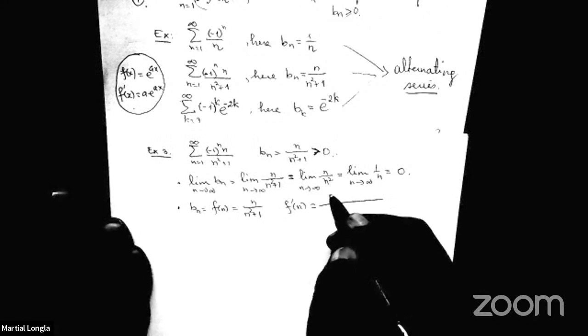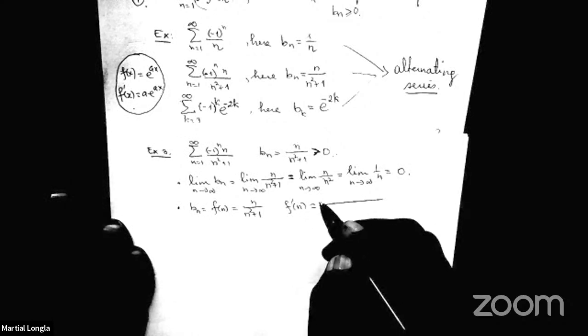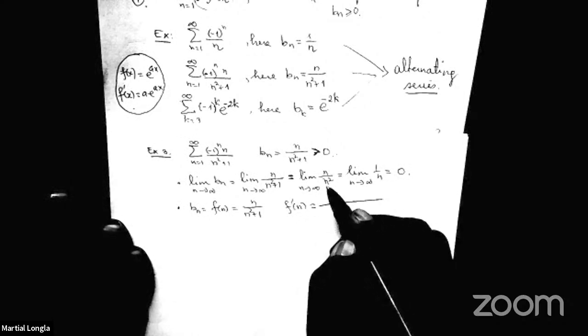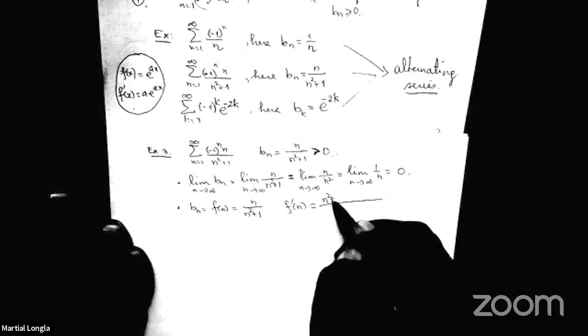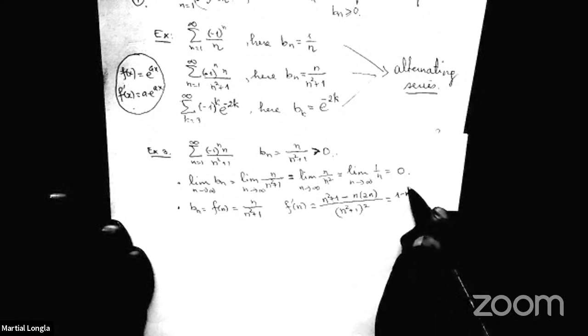It would be the denominator times the derivative of the top, n squared plus 1, minus the top, n, times 2n, over n squared plus 1 squared. That's correct. And so this is 1 minus n squared over n squared plus 1 squared.